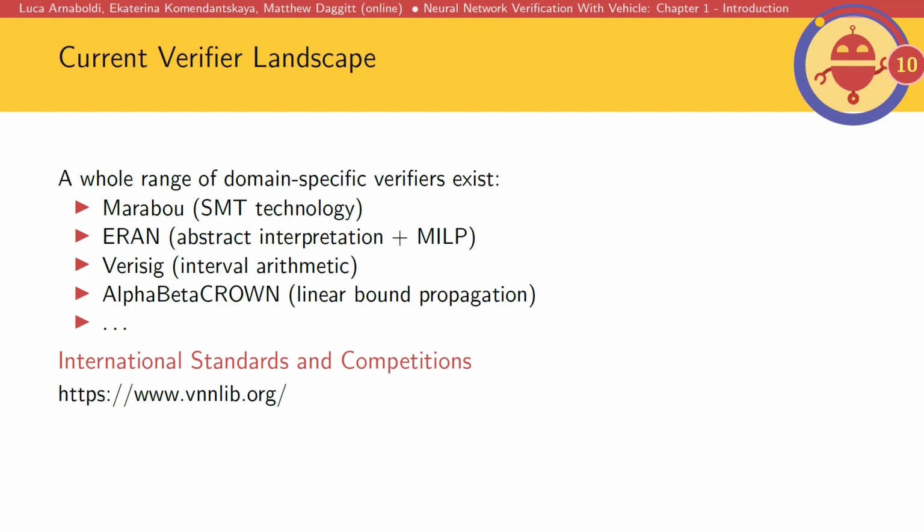Because it's a booming but also young area, it was a big deal to start developing international standards for neural net verification, which were supported by holding the VNN competition. So this site, VNN-lib.org, would guide you to the annual competition on neural net verification.